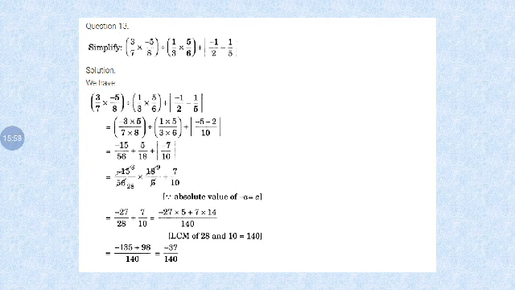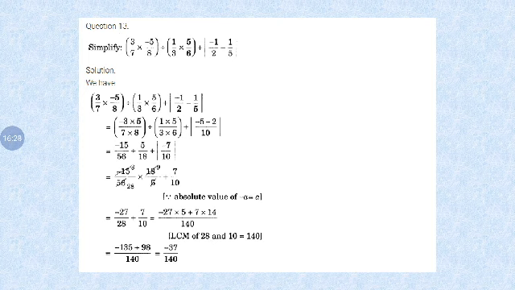So division into multiplication. 5 by 18 is the reciprocal of 18 by 5. So cancellation: 5 3s are 15, 9 2s are 18, 28 2s are 56. So we get the value 9 3s are 27, minus into plus is minus 27 by 28 plus 7 by 10.